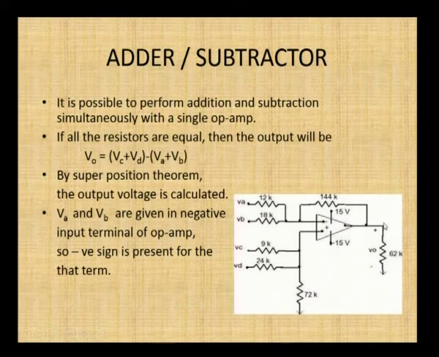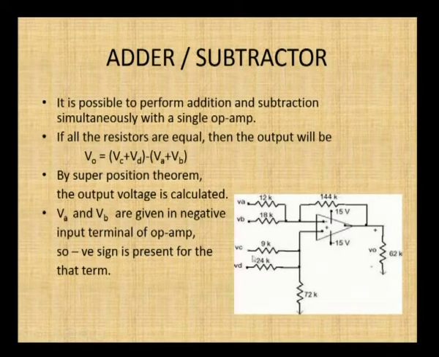In general, the output is given by VC plus VD minus of VA plus VB, because these two voltages are summed up at this node and A, B voltages are summed up at this node, and the sum of the voltages is given to the positive terminal and negative terminal respectively.